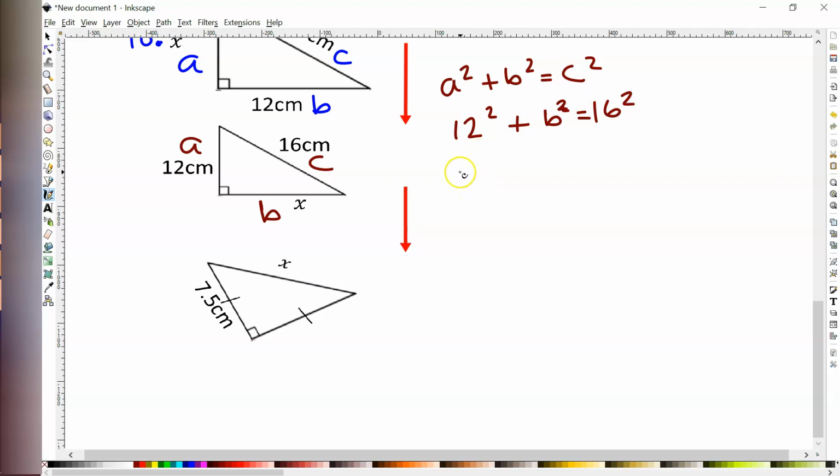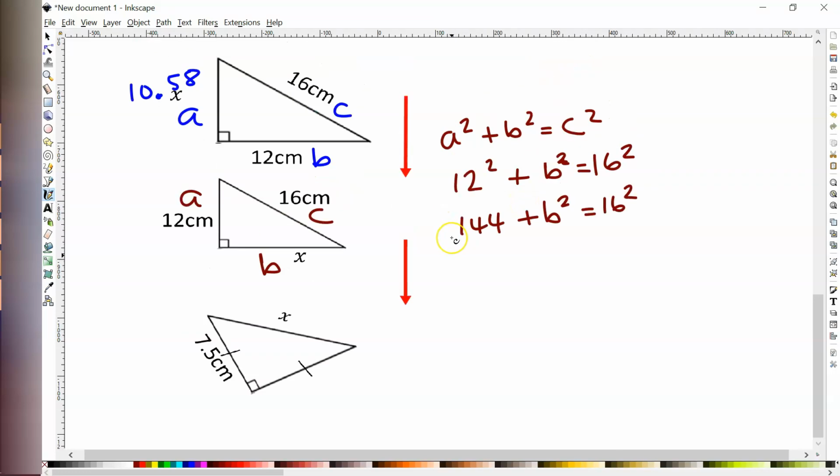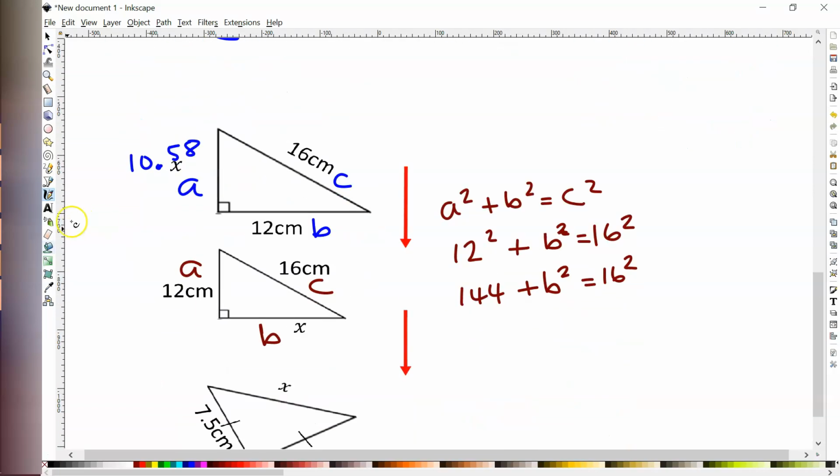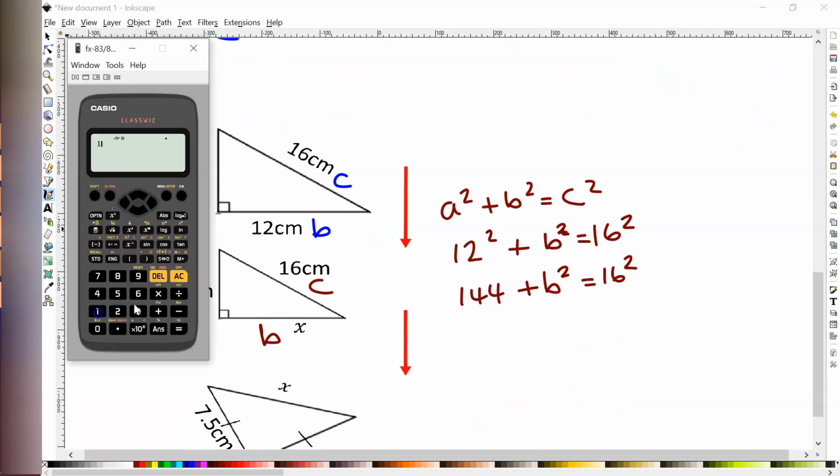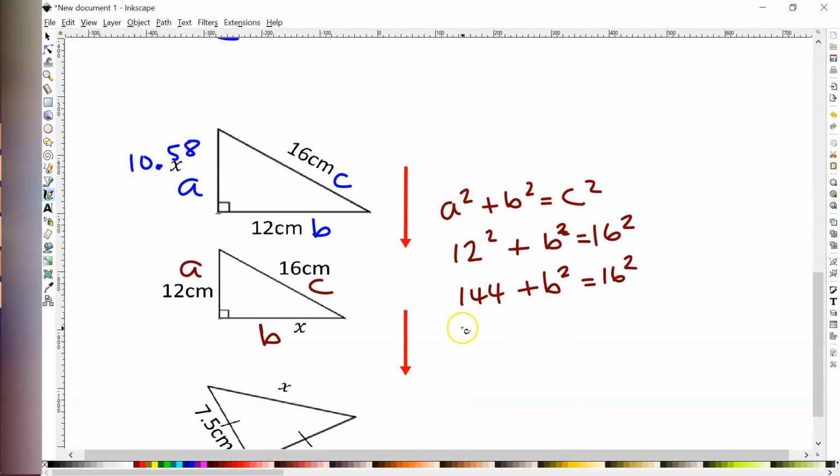So we have a squared, 12 squared, 144 plus b squared equals 16 squared. So we have b squared equals, I'm going to show you a shortcut, 256 minus 144.